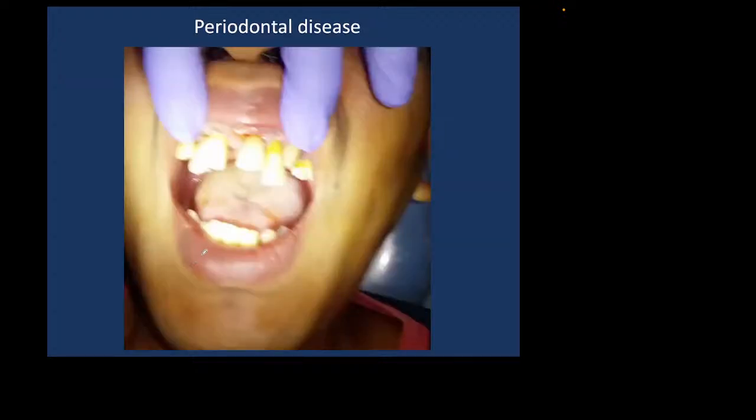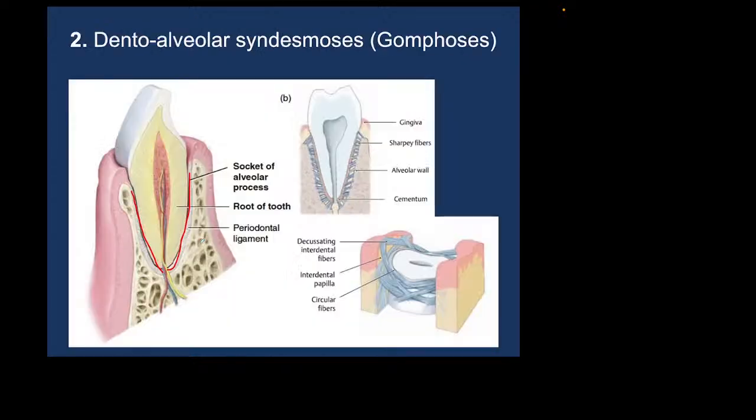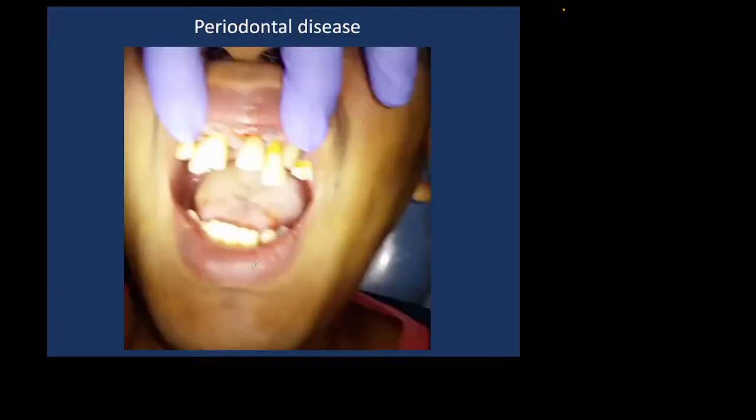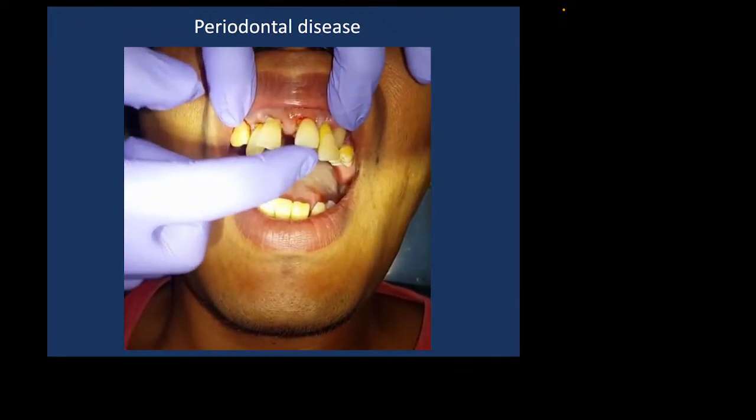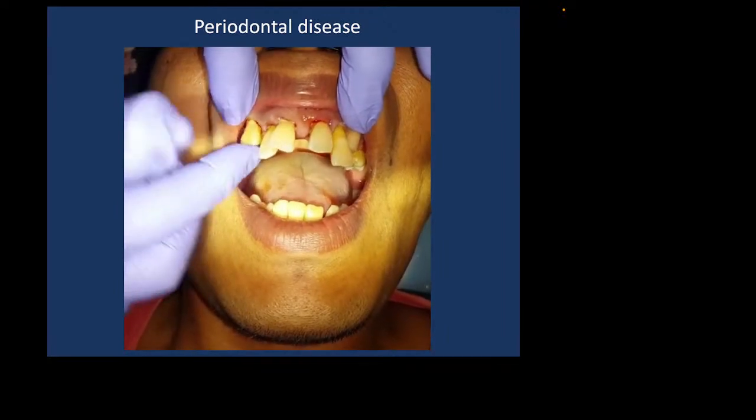And I see if people lose this connective tissue, when microbes or bacteria or some dysregulation take place, it follows to a process which is called parodontosis.